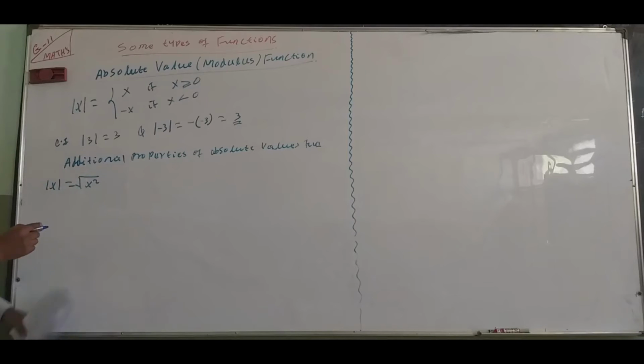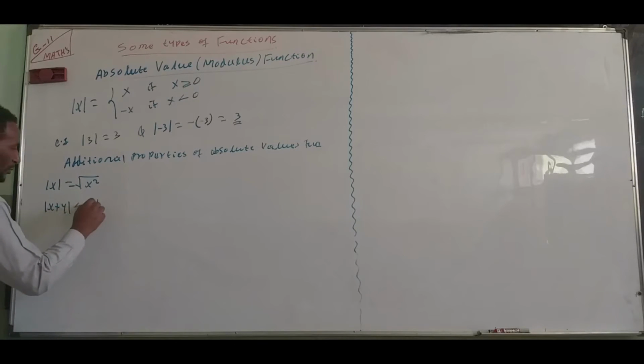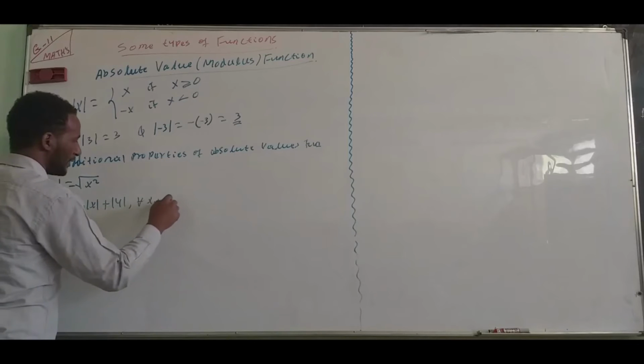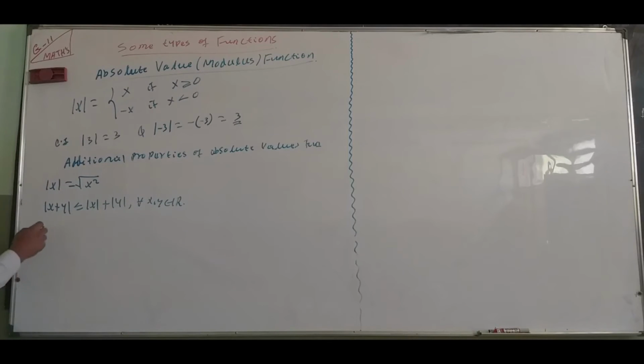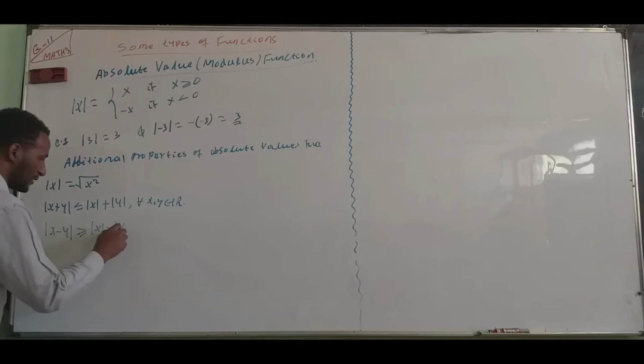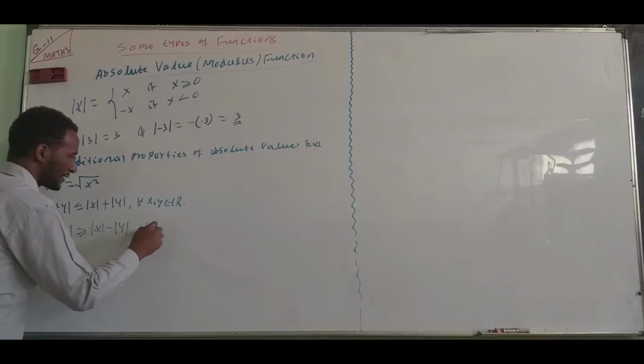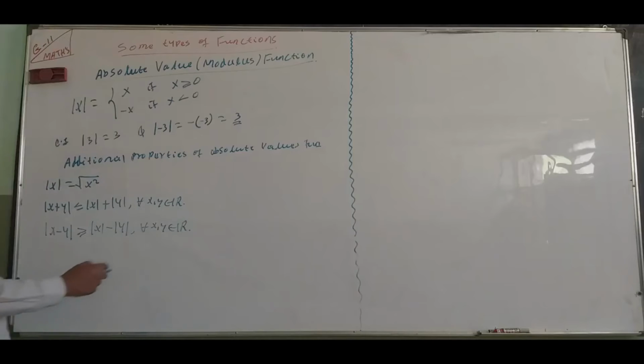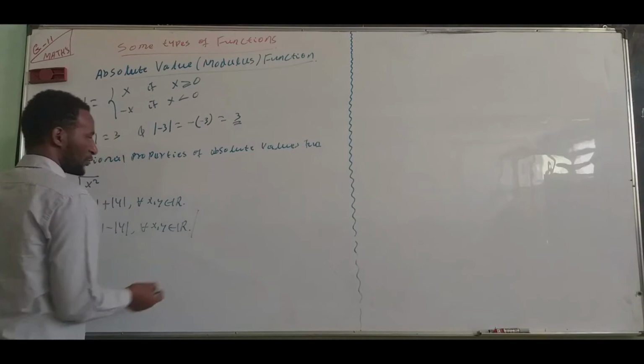Also, absolute value of x plus y is less than or equal to absolute value of x plus absolute value of y for all x, y an element of the real numbers, and absolute value of x minus y is greater than or equal to absolute value of x minus absolute value of y for all x, y an element of the real numbers. Let us take a counter example for each of them.